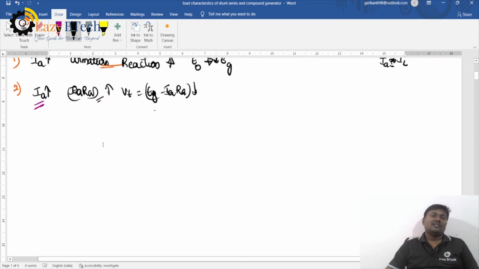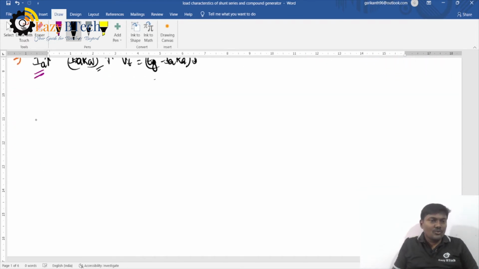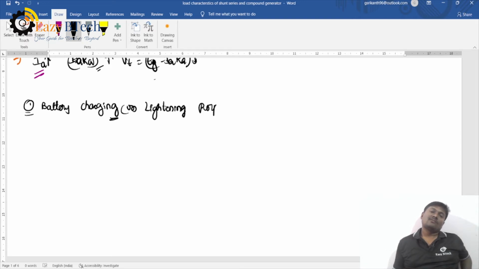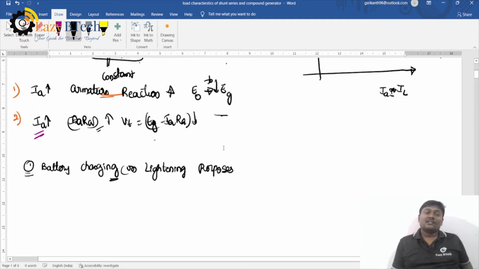That's why this can be used for battery charging purpose, and for lighting purposes also. And one more drop is also there: the drop reduction of terminal voltage.